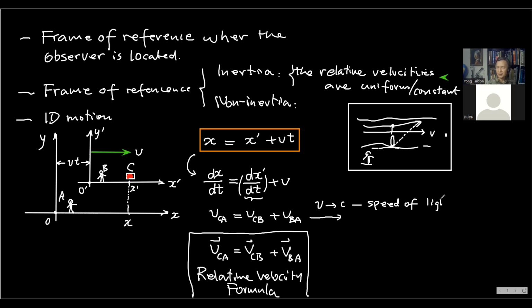Many strange ideas originate from this fact. If the velocity approaches that, then this formula becomes wrong. So VCB plus VBA became incorrect.